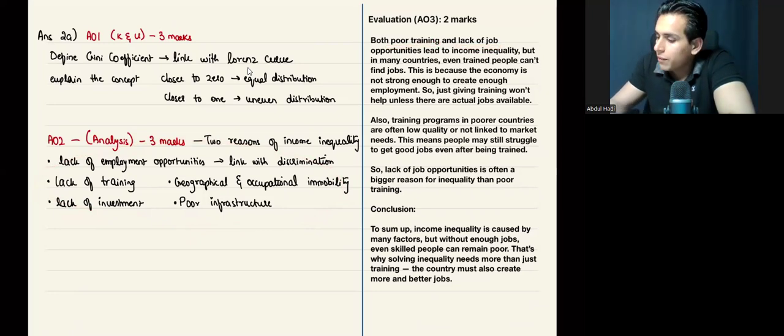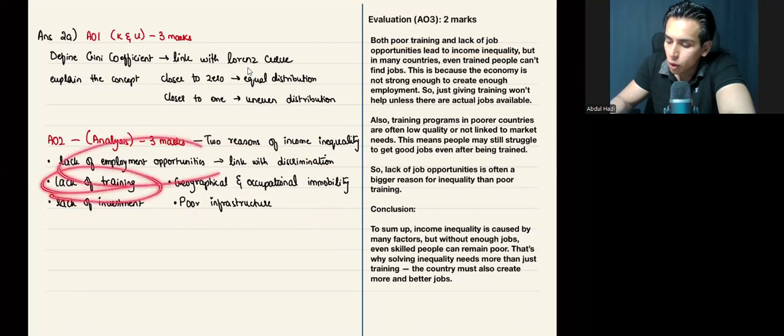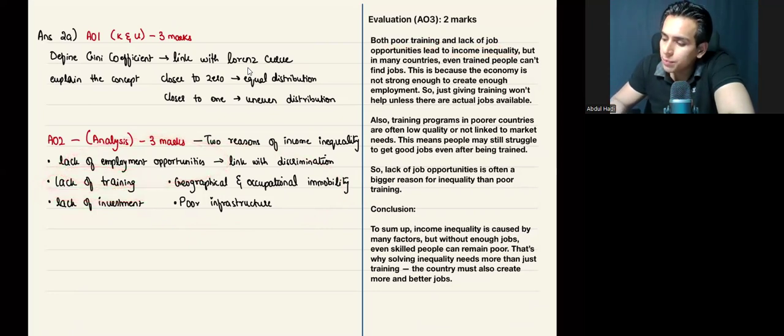So what I have written here, both poor training and lack of job opportunities lead to income inequality. I'm comparing poor training with employment opportunities. So both of them lead to income inequality. But in many countries, even trained people can't find jobs. This is because the economy is not strong enough to create enough employment.